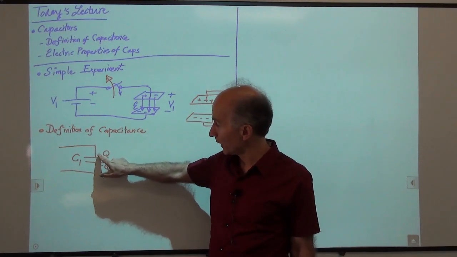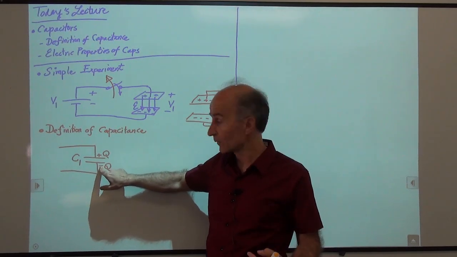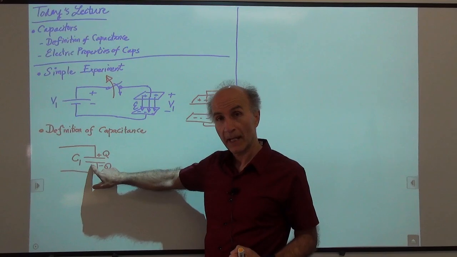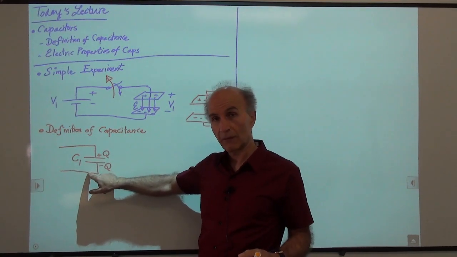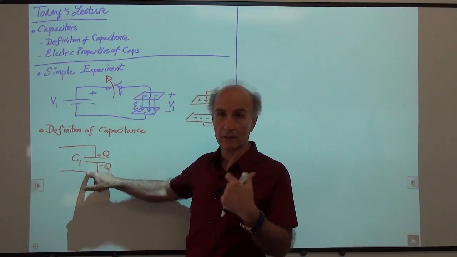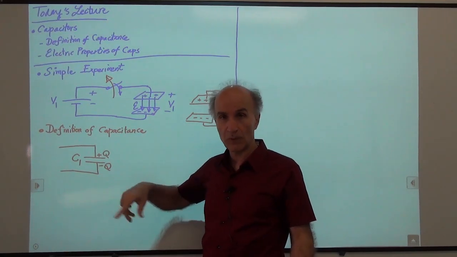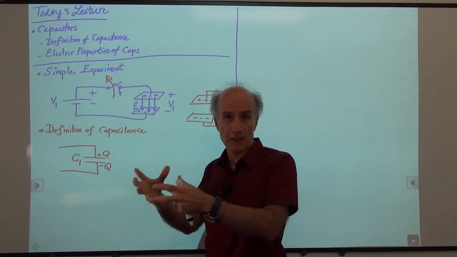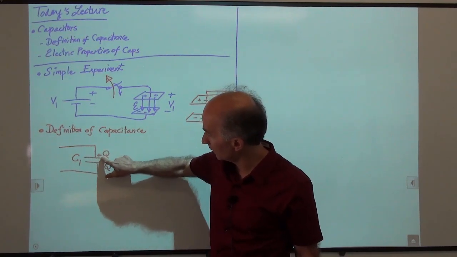If there is positive charge here and negative charge here, then there are electric field lines going from here to here. And if there's an electric field line, you might remember that if I integrate the electric field line with respect to distance with a minus sign, I find the voltage difference. I won't write that equation, that's okay, but we know that if there's an electric field, there must be a voltage difference. So there must be a voltage difference between here and here.